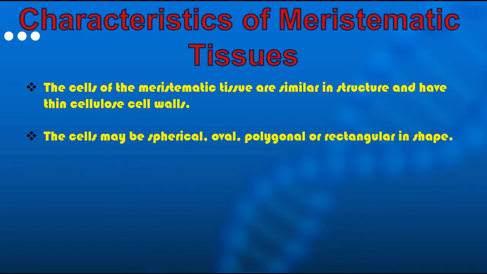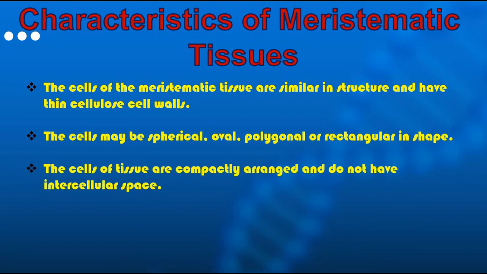The second characteristic is that the cells may be spherical, oval, polygonal, or rectangular in shape. So they do not have a confined shape, they can be in any shape. The cells of the tissue are compactly arranged and do not have intercellular spaces.